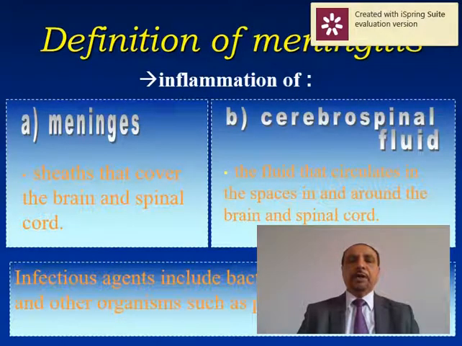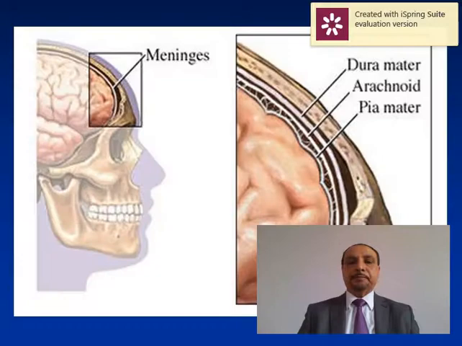First of all, regarding the definition of meningitis, it is inflammation of the meninges and cerebrospinal fluids, and there are many infectious agents, including bacteria, viruses, fungi, and other organisms like protozoa and rickettsia, that can cause meningitis.